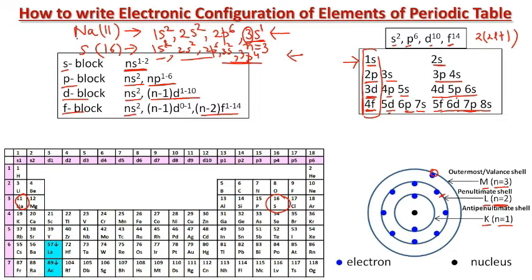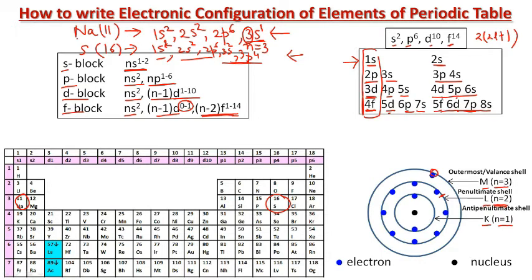For f block elements it is ns2 (n minus 1)d0 to 1. Please remember this, it is 0 to 1 only, and then (n minus 2)f1 to 14. So these are the outer shell electronic configurations for the s, p, d and f block elements. These are written after the previous noble gas configuration, which we will discuss later.